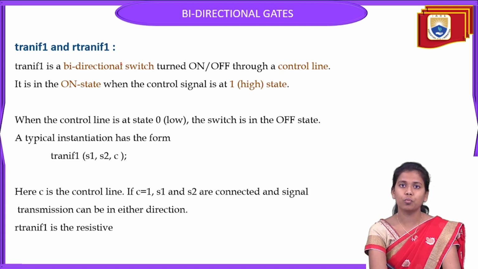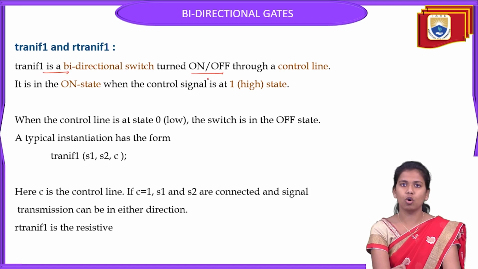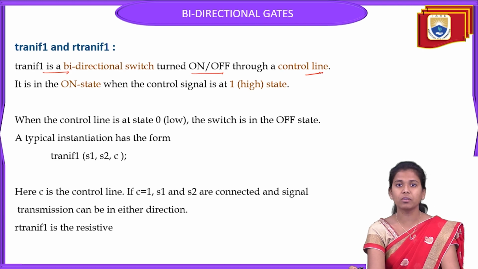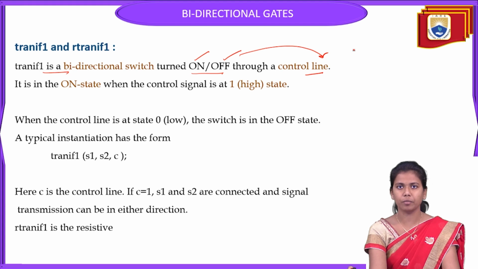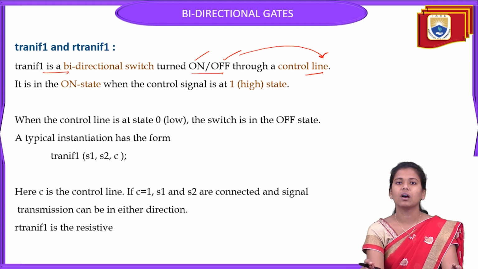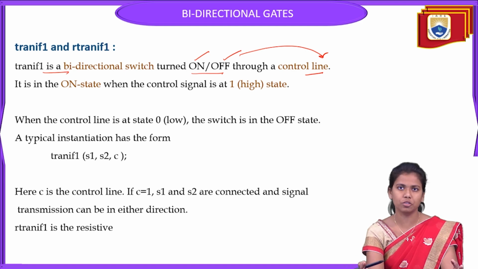Then coming to Tranif1 and RTranif1. It is also one of the bidirectional gates. Tranif1 is a bidirectional switch that turns on and off through a control line. Based on the control line, this bidirectional gate could be either on or off. All switches follow this mechanism: they switch on and off based on the control lines.